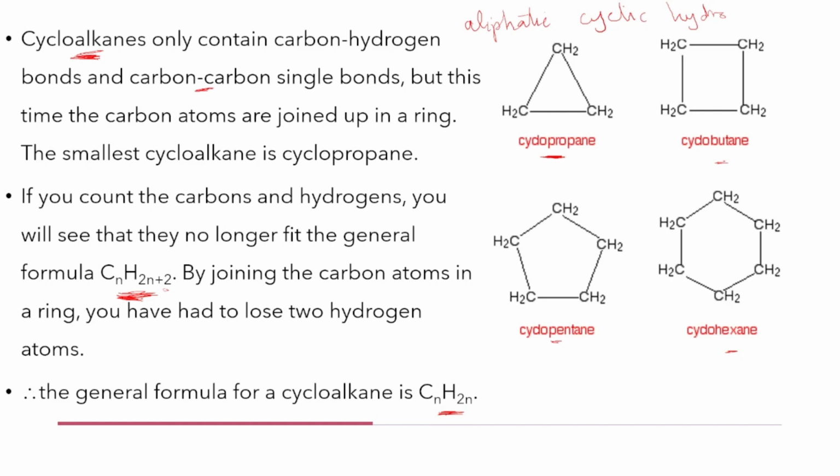And of course, as you can see, the smallest member of the cycloalkanes is cyclopropane, because we can form a ring starting from at least 3 carbons. There is no ring that can be formed by 2 carbons. So the first member of the cycloalkanes is cyclopropane.